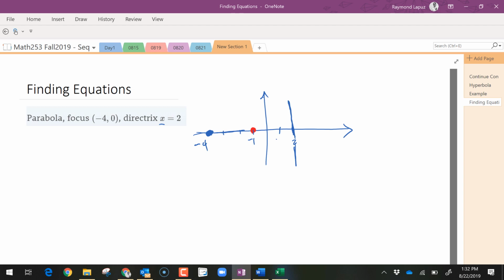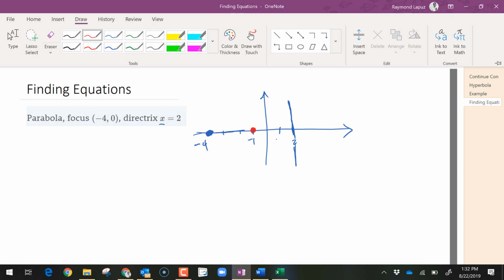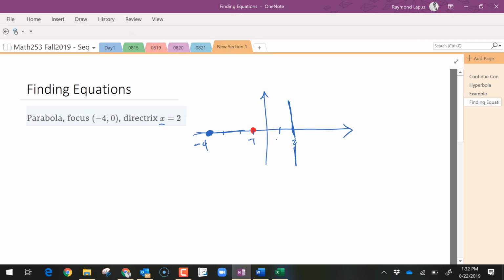Okay. So you can see that there's a lot of information you can get by just drawing a sketch. Okay, so we know this is going to be opening sideways, not just sideways, but opening to the left or right? Left.